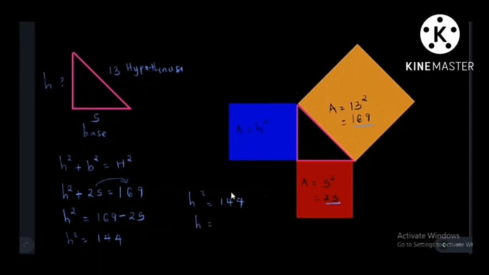You find the square root of 144, and the square root of 144 should be 12 units. So that means our height in this case will be given by 12 units.